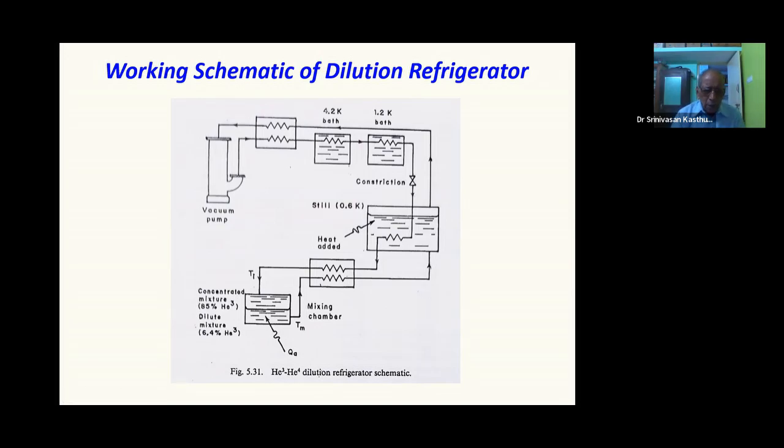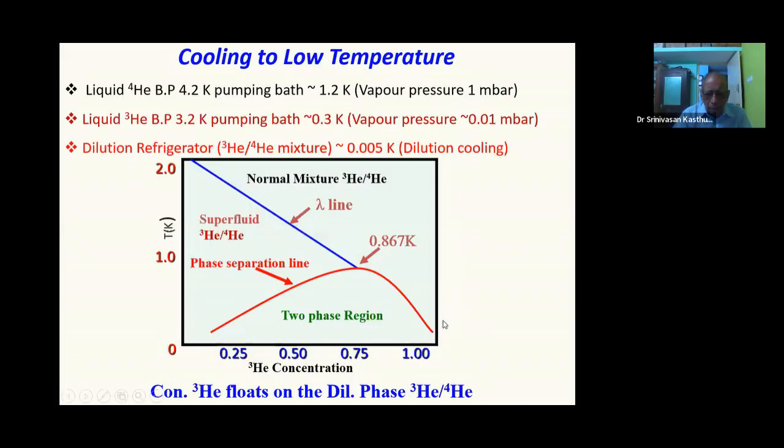The concentrated mixture of about 85% helium-3 is mixed along with a dilute mixture of 6.4% helium-3. So you have a helium-3, helium-4 mixture, where one concentration is high and the other is low. When the high concentration is mixed with the low concentration, cooling automatically occurs. You can see in the earlier diagram that when the high concentration is mixed with the low concentration, the temperature drops further.